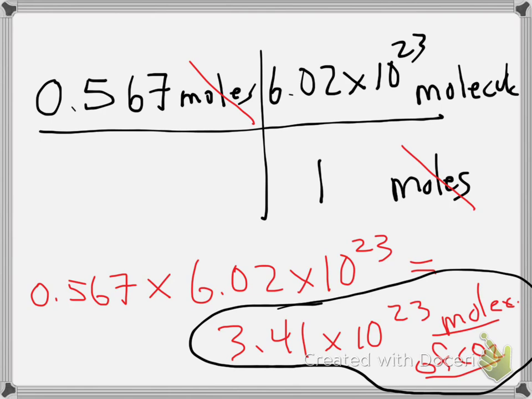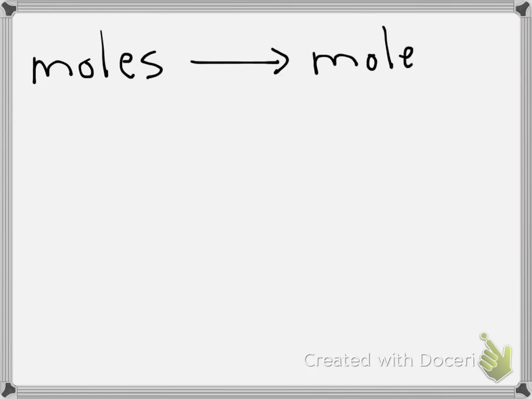Okay, so let me just summarize. If you're going from moles to molecules, you basically take moles times Avogadro's number.